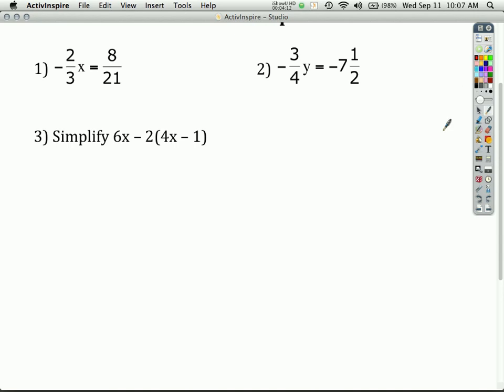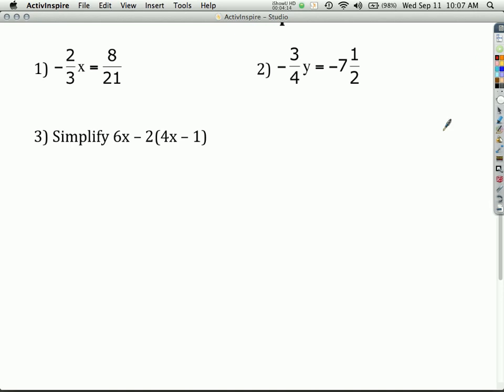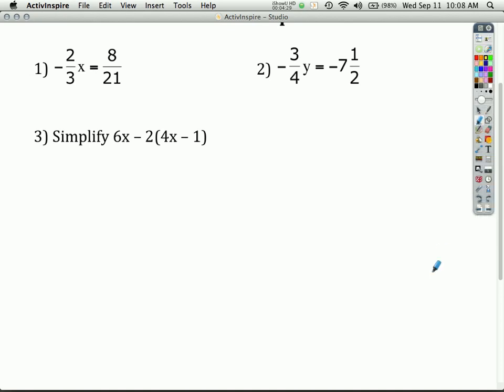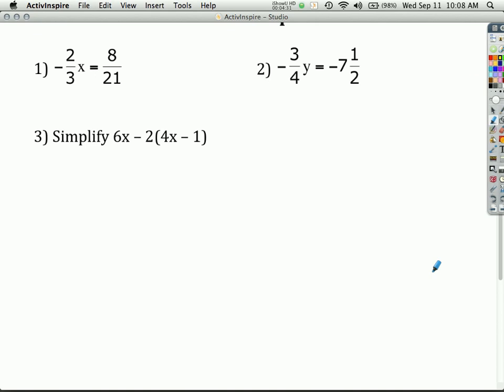Could someone help us, or several people help us? What do we see an example of in number 3? Something should jump out at you. Aliana? Very good. What is the example of distributive property in number 3? Like someone read it to me. Shelby?